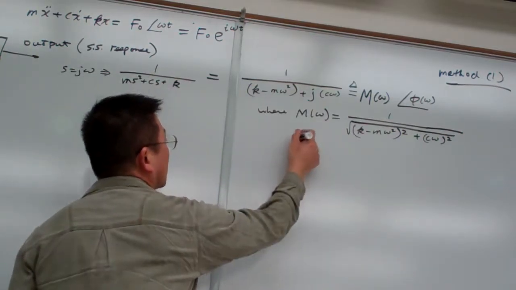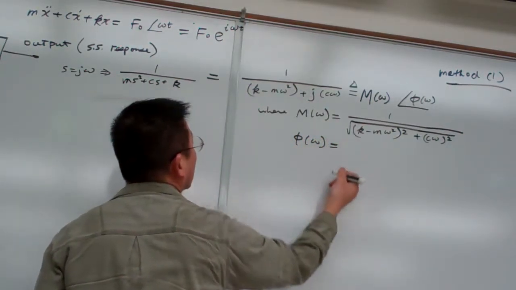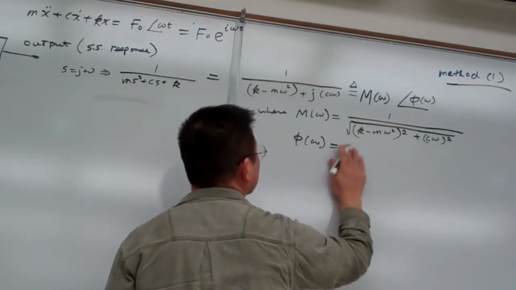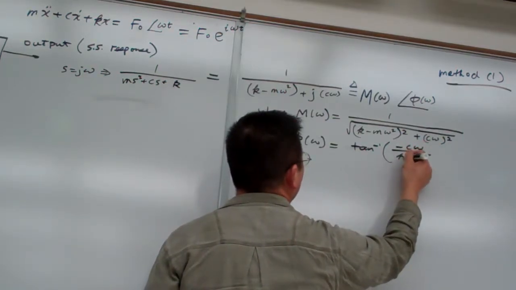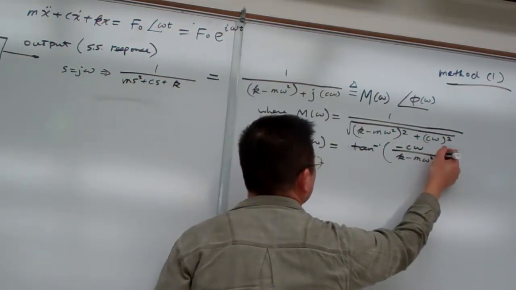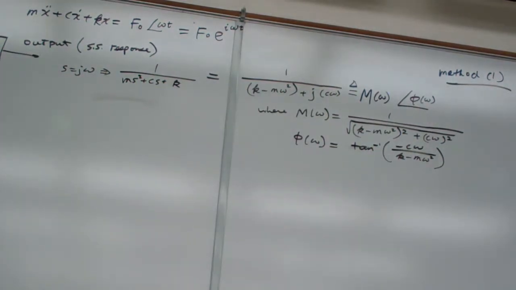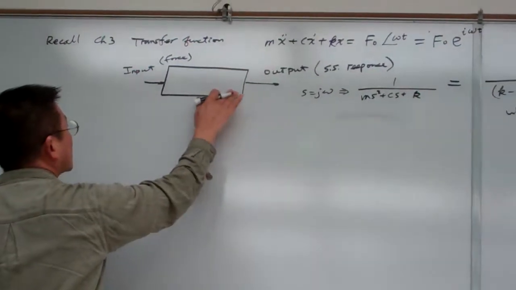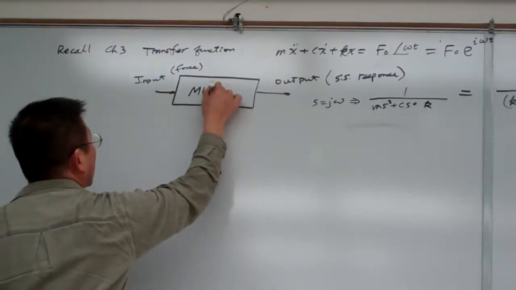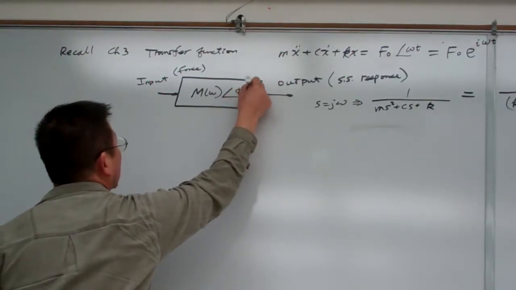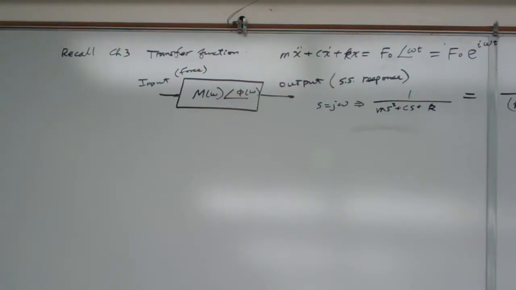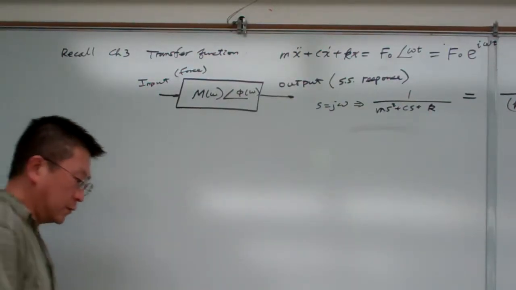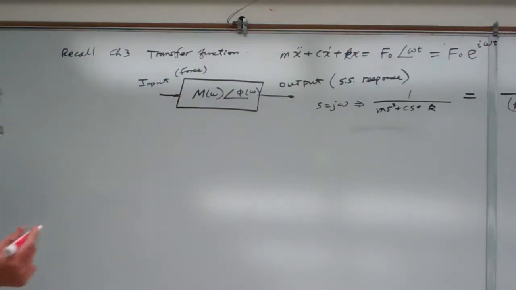Okay, and the phase angle equals minus arctangent of c omega over k minus m omega squared, if you remember that one. So basically here I can replace this transfer function with the magnitude M omega and the phase angle phi omega. You good?